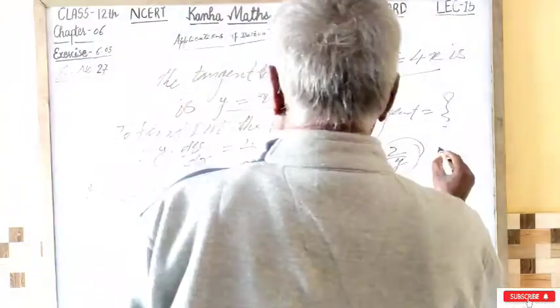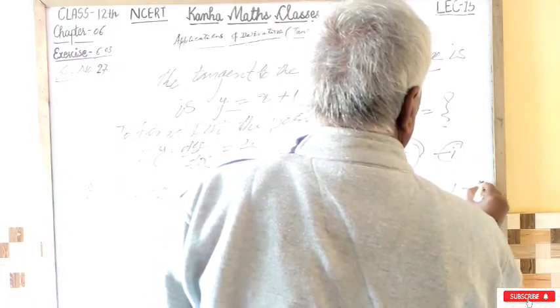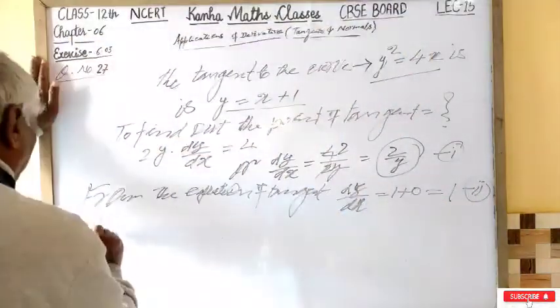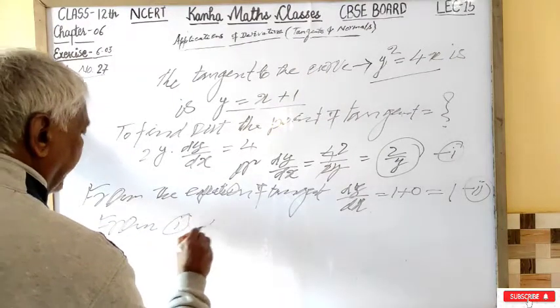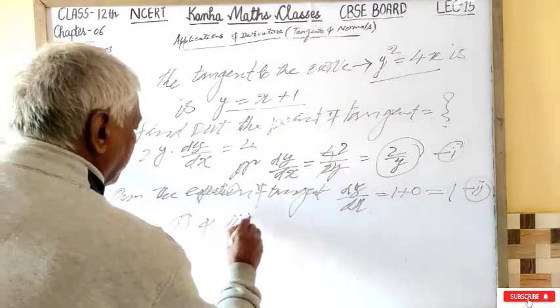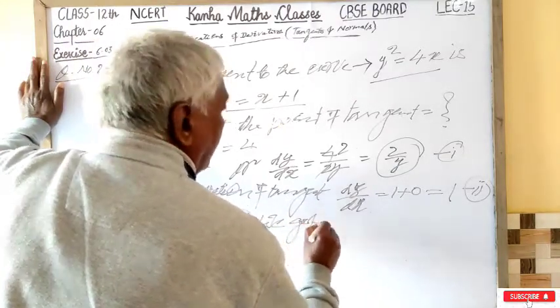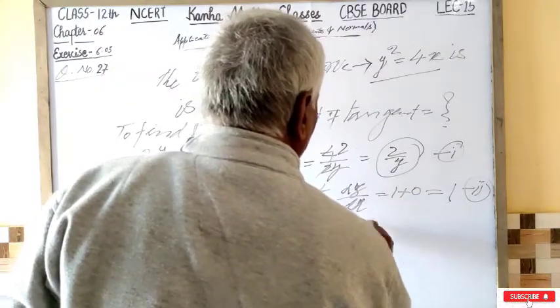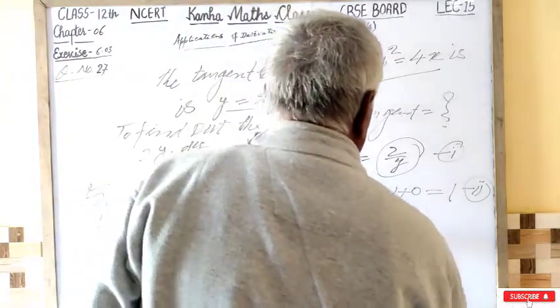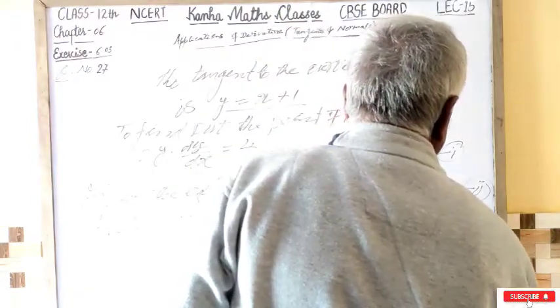Here from equations 1 and 2 we get 2 upon y is equal to 1, or y is equal to 2.